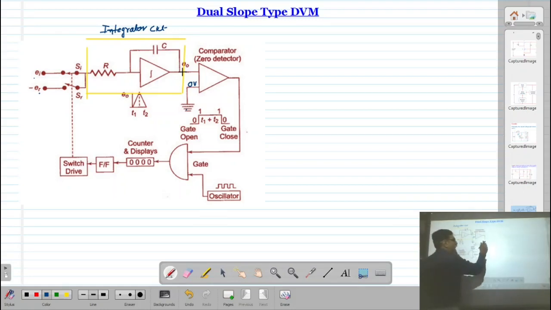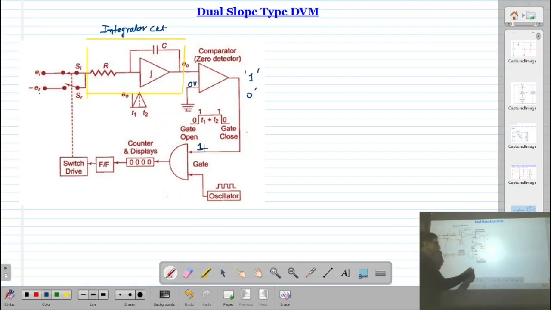Now this output will be either of a high level or a low level. Already you know that in a comparator output voltage will be high or low. Then it is given to an AND gate. So this AND gate will be enabled only if this output voltage of the comparator is high.